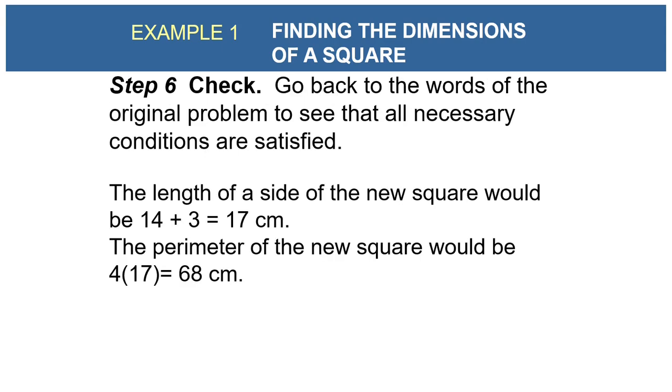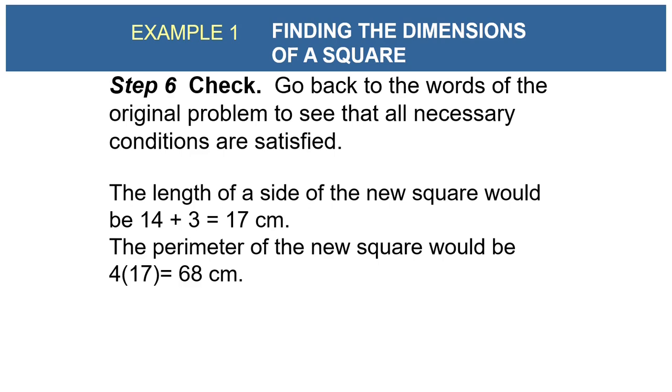In step 6, let's check. Go back to the words of the original problem to see that all necessary conditions are satisfied. Recall the length of a side of the new square would be 14 plus 3, which is 17 centimeters. Now take that and use that to find the perimeter.